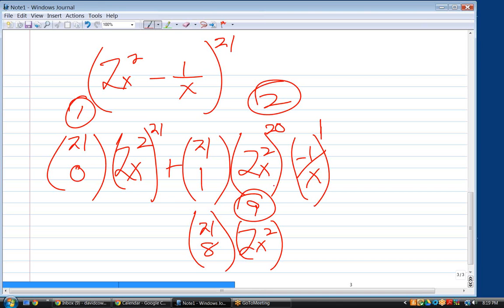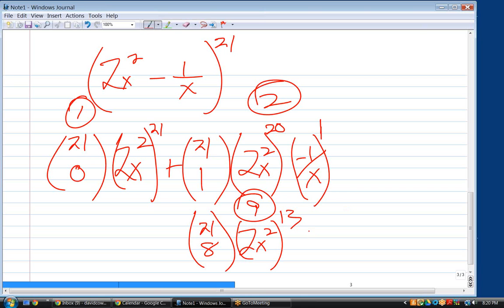Yeah, they have to add to 22. In other words, the first term, 1 plus 21 adds to 22. The second term, 2 plus 20 adds to 22. So the ninth term, this number and the number of the term have to add to 22. So it's got to be 13.